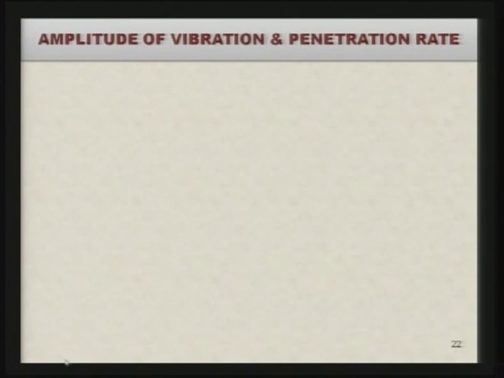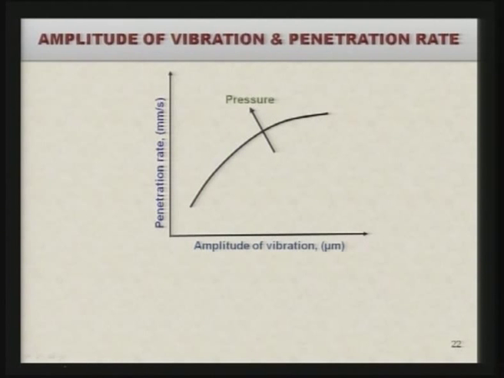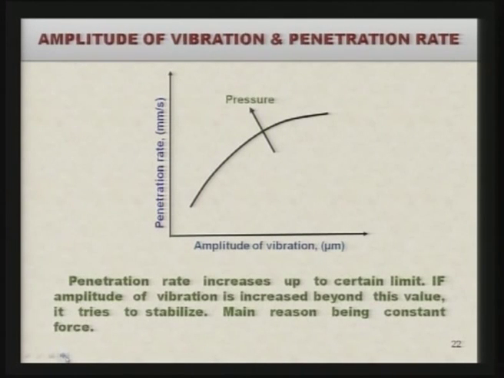Amplitude of vibration and penetration rate. This shows the relationship between the amplitude of vibration of the tool and the penetration rate, the penetration of the abrasive particle into the workpiece. As you can see here, as the amplitude of vibration is increasing, the penetration rate is also increasing, but beyond a certain value, it becomes more or less stable.